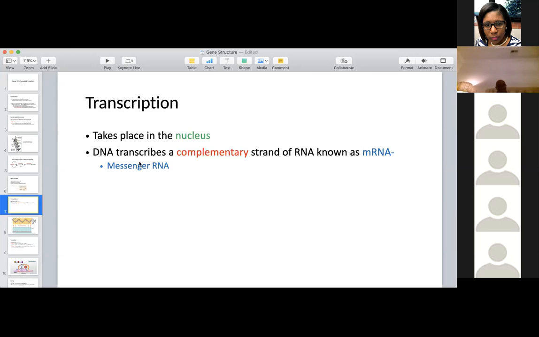You can think of it as a transformation, if you will: DNA is being transformed, or transcribed, into a new molecule that we'll call messenger RNA. This is kind of an intermediate step that's necessary for us to finally end up with protein. So it's kind of a two-step process.